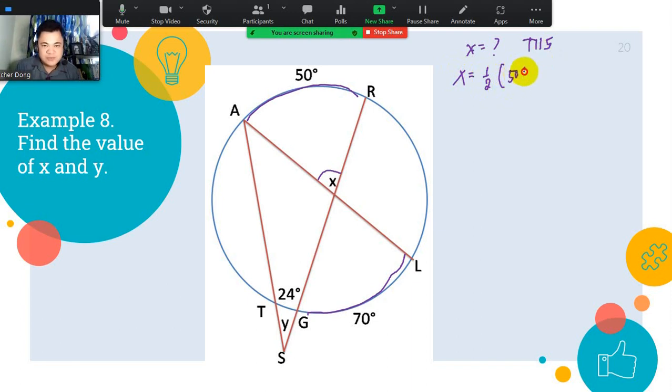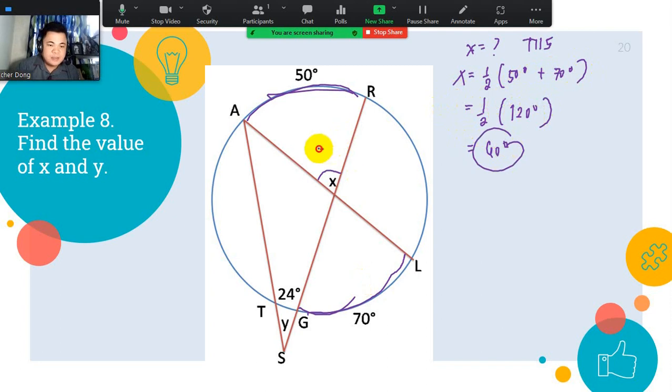So it's 50 degrees, this one, plus 70 degrees, this one. Okay, so it's now 1/2 times 50 plus 70, which is 120 degrees. Then after that, 1/2 of 120 degrees is 60 degrees. So the measurement of x is 60 degrees. This is also 60 degrees.